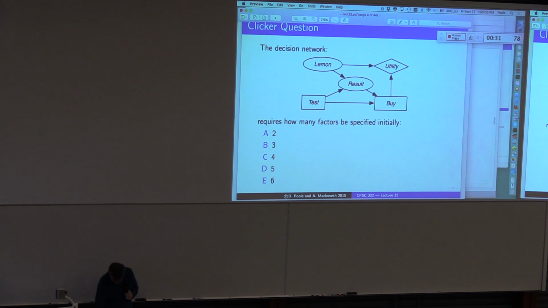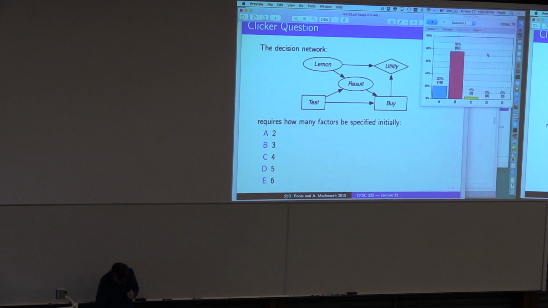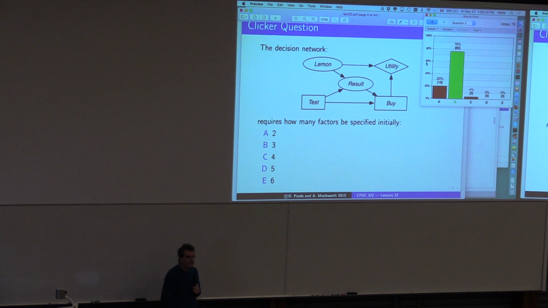Okay, 3, 2, 1. Yes, it requires 3. Does everyone understand why it requires 3? There are 2 conditional probabilities and the utility function. Any questions about that? So that's all the factors.